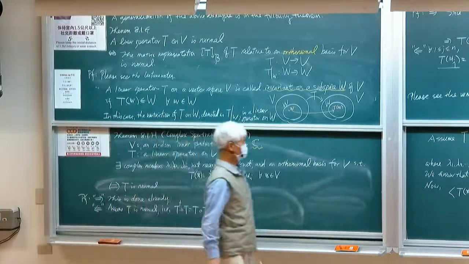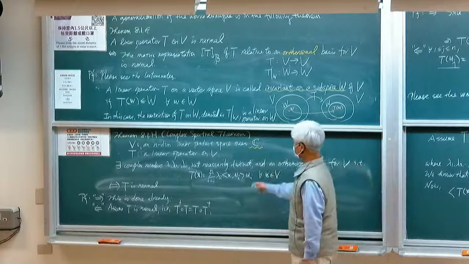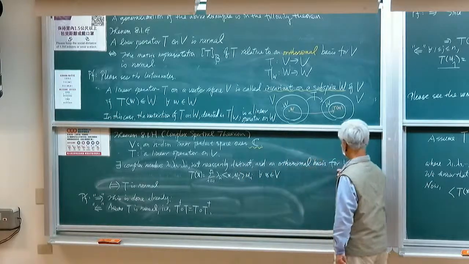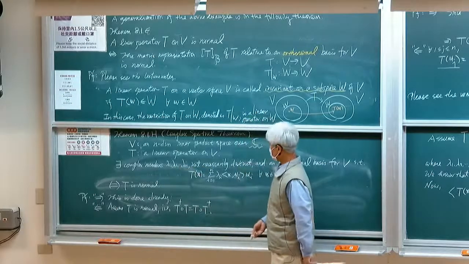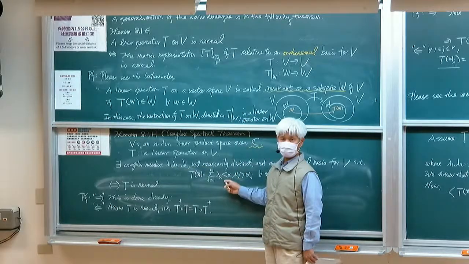And we will prove that there exists an orthonormal basis and complex numbers such that we have this spectral decomposition.